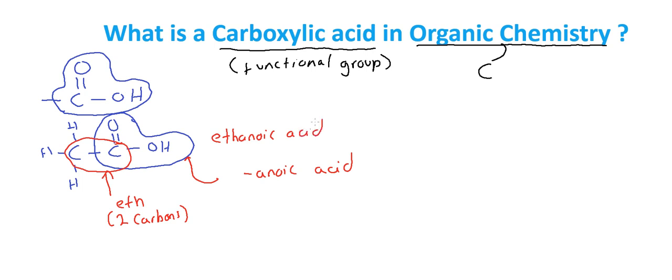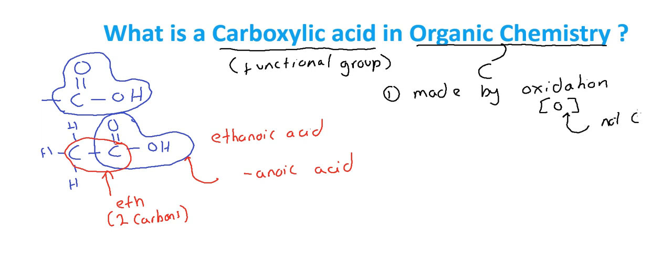One of the main things that you would need to know is how to make a carboxylic acid. A carboxylic acid is made by an oxidation reaction. And an oxidation reaction is shown by this sign here, which is an O in a square bracket.